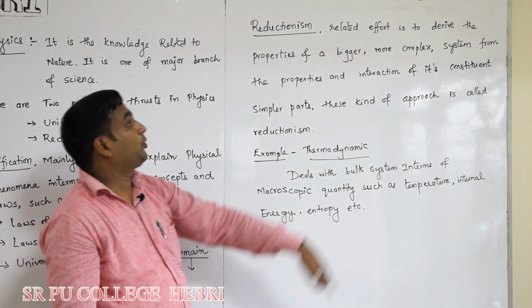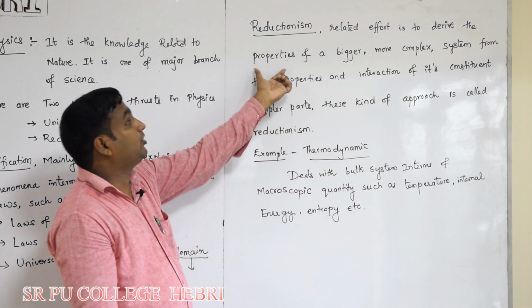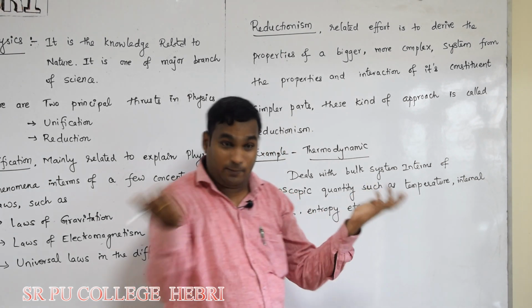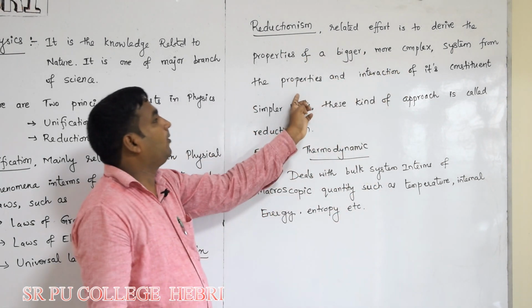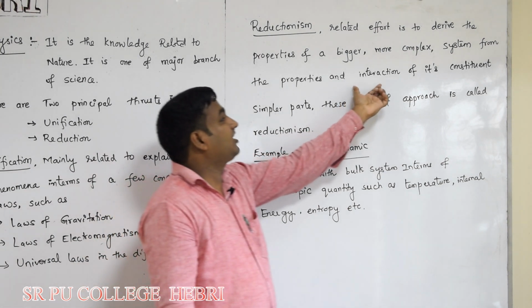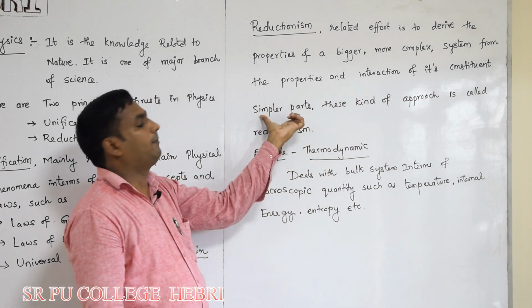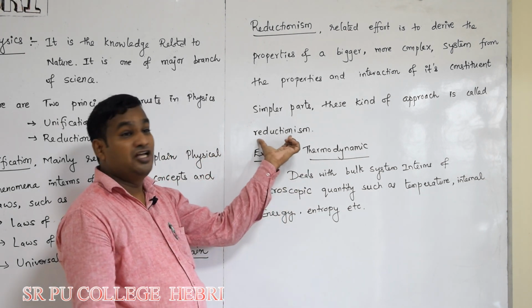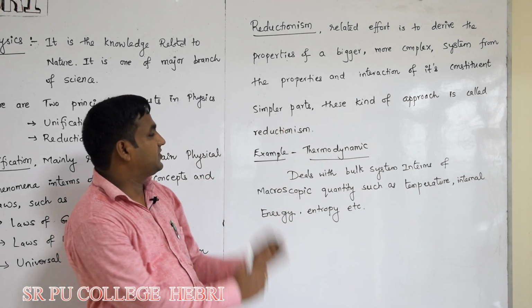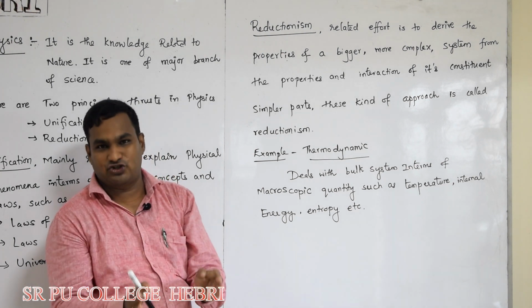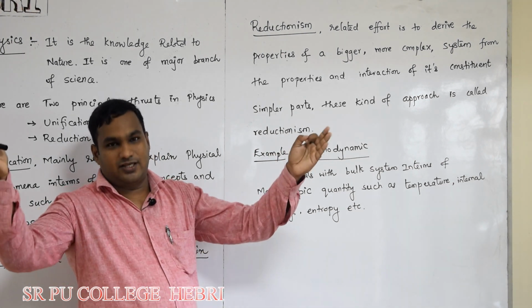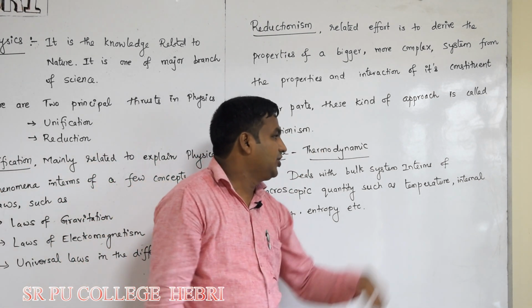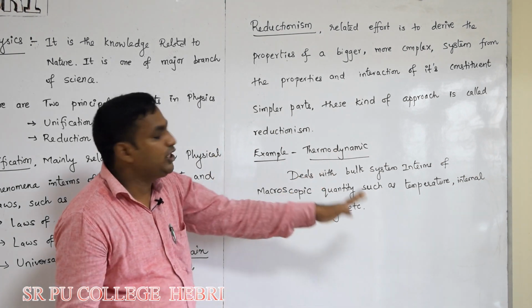Again, it is related to efforts to derive the properties of a bigger, more complex system from the properties and interactions of its constituent simpler parts. This kind of approach comes under reductionism. That's why I said the example for reductionism is thermodynamics. It contains a bigger or complex concept explained by using macroscopic quantities such as temperature, internal energy, and entropy.